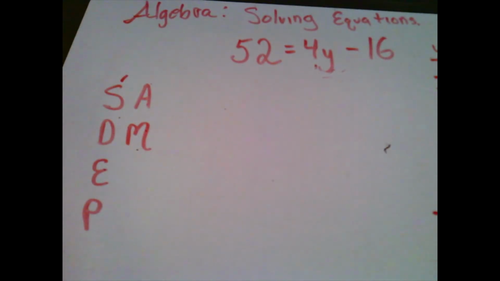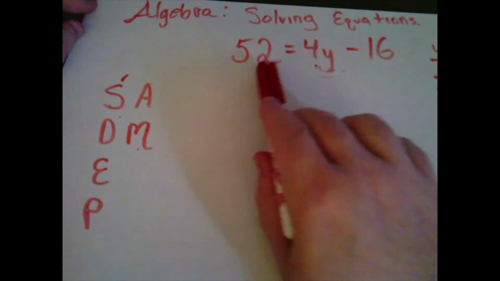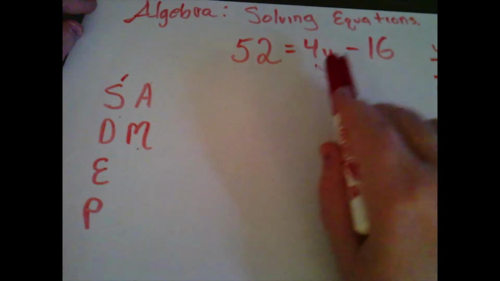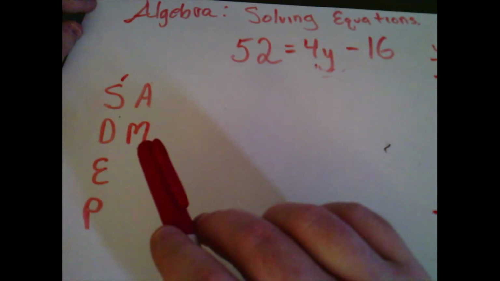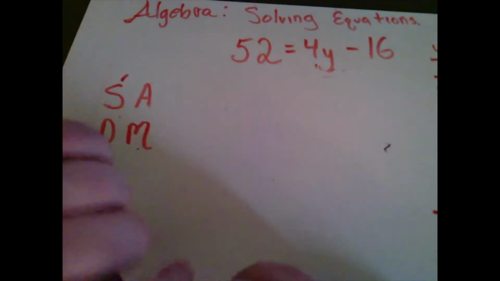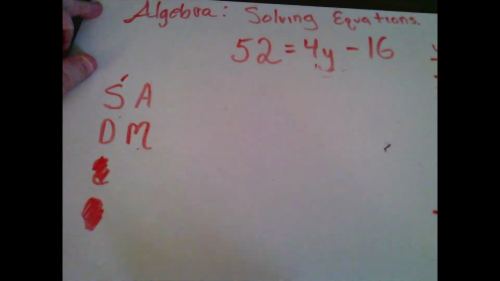Let's take a look at our problem and see how we apply SADMEP to it, how we apply these inverse operations. In our problem, we have 52 equals 4y minus 16. Are there any exponents or parentheses in this problem? No. Let's get rid of those for now. We aren't going to be using exponents or parentheses in this problem.